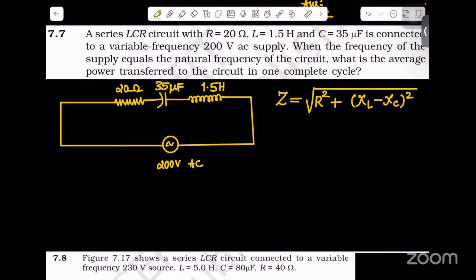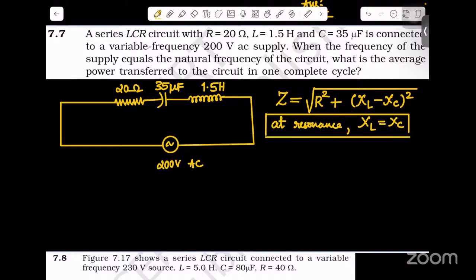But we have been given the condition that they are in resonance. So at resonance, we should remember that these X_L and X_C are equal. Okay.